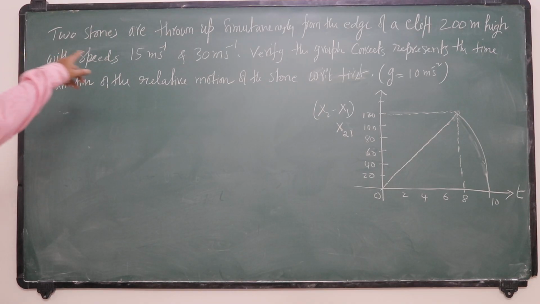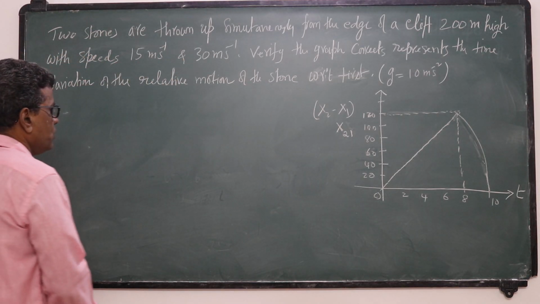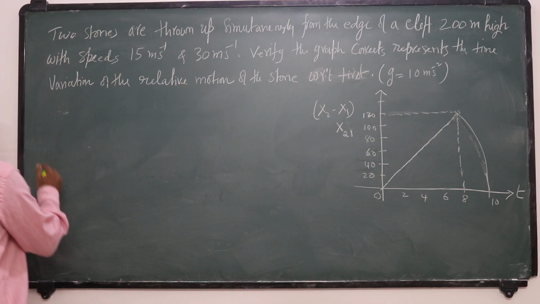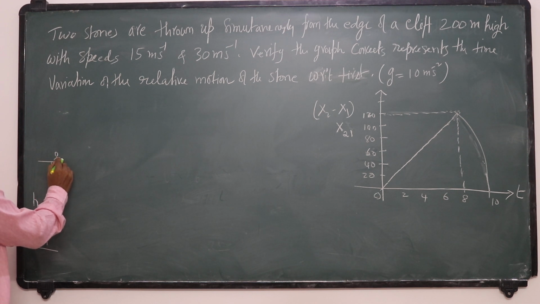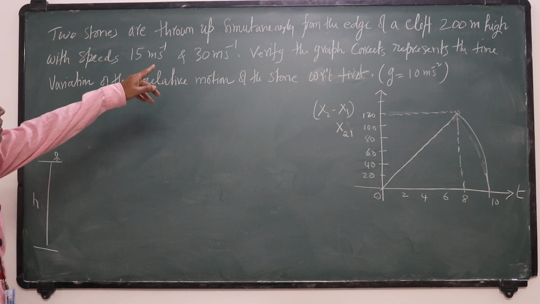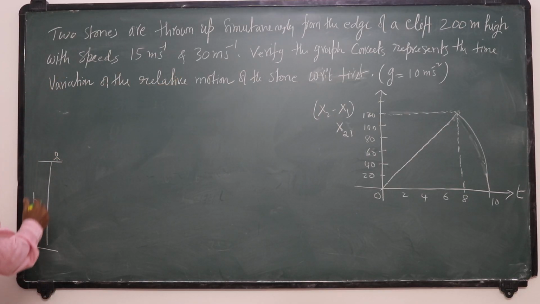So two stones are thrown simultaneously from the edge of a cliff. Let it be a cliff. Let h be the height of the cliff. From the edge of the cliff, a person throws two stones with the speeds 15 and 30.